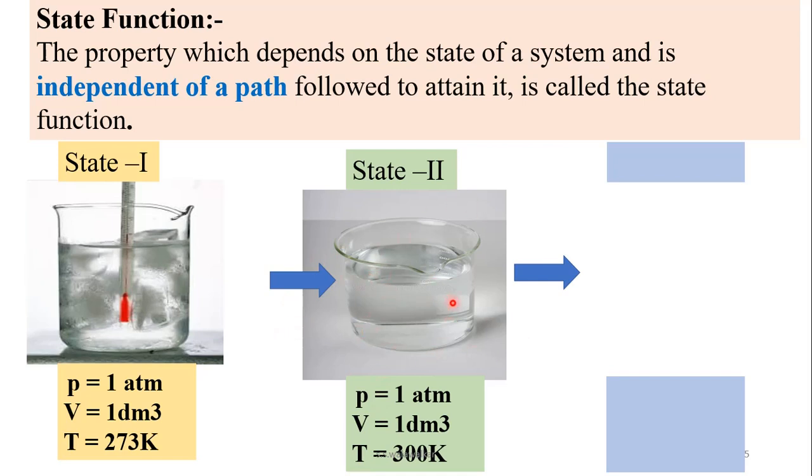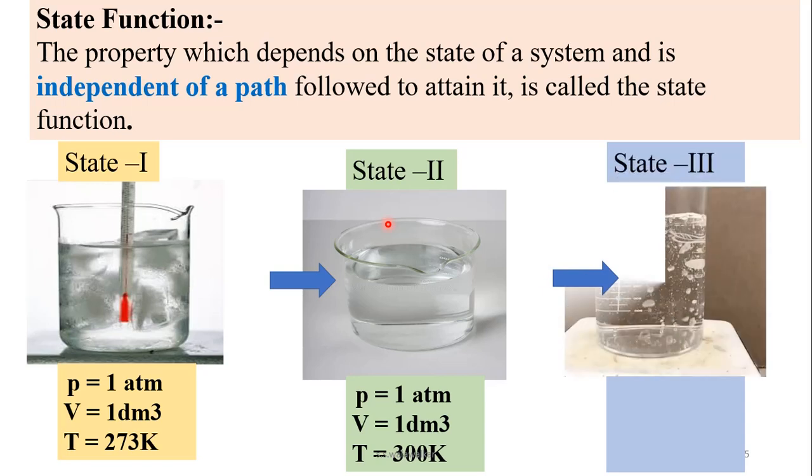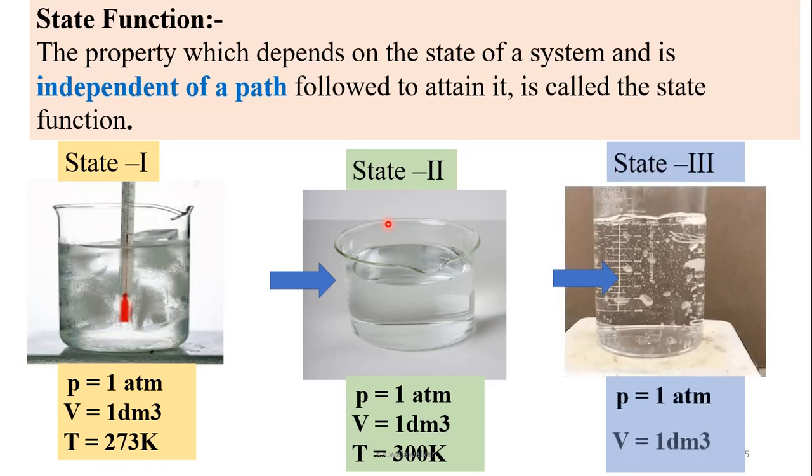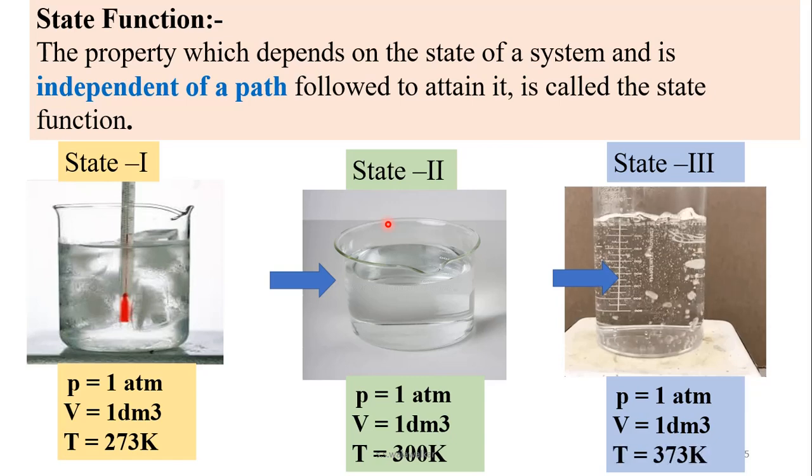So the state of water is changed from state 1 to state 2. And if you increase the temperature further from 300 Kelvin to 373 Kelvin, then water starts to boil and gets converted into gaseous state. That means the state is changed, with pressure at 1 atmosphere, volume at 1 dm cube, temperature at 373 Kelvin.